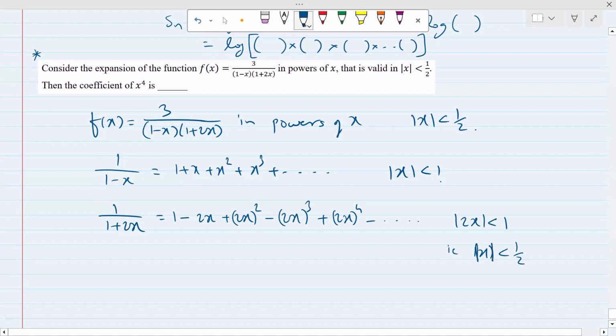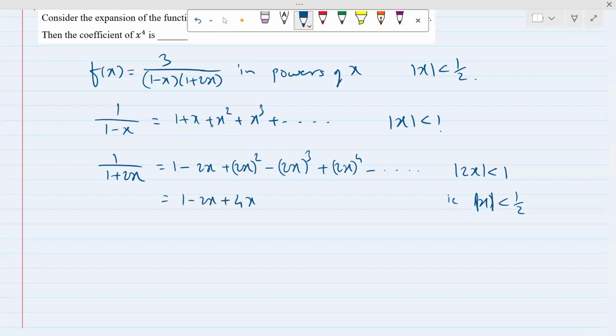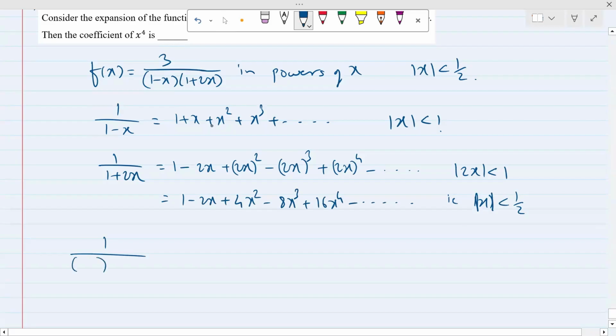Is it okay up to here? Yes, sir. Very good. So how much is this? Actually 1 minus 2x plus 4x square minus 8x cube plus 16x raised to 4, minus, and so on. Now I want to compute the power series expansion for this.